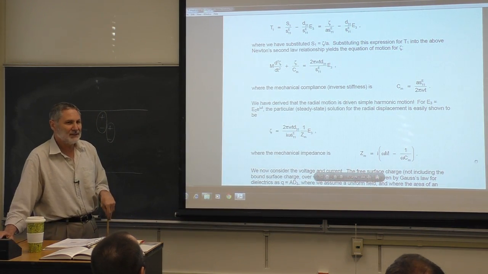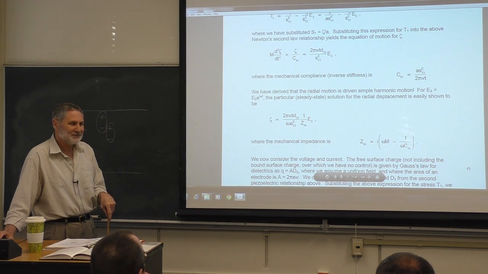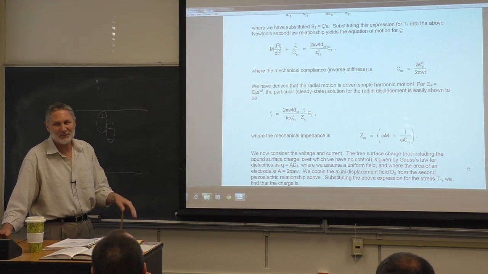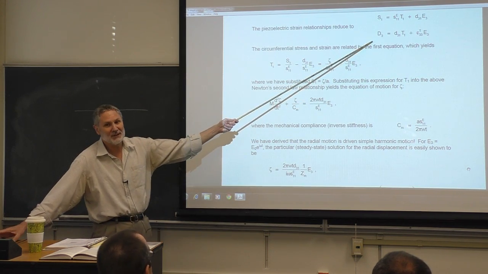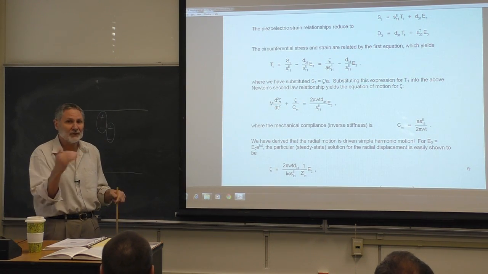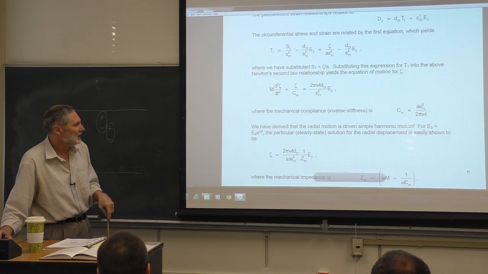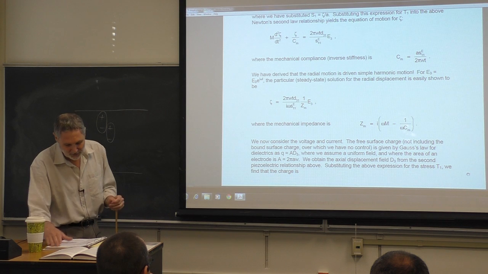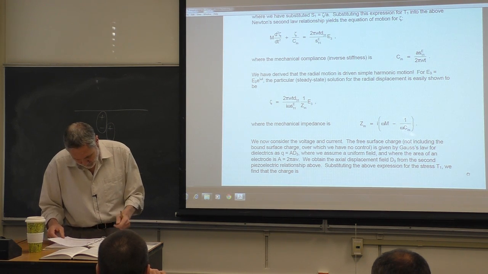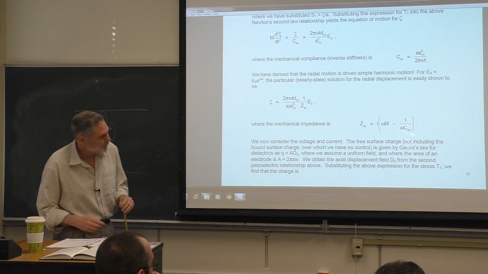Okay, now that's the easy part. Now we got to confront the electrical part, where D3 is not equal to 0, because we've got current flowing, and there will be free charge. So this is the first time we've done this, okay? So let me tell you how this works.